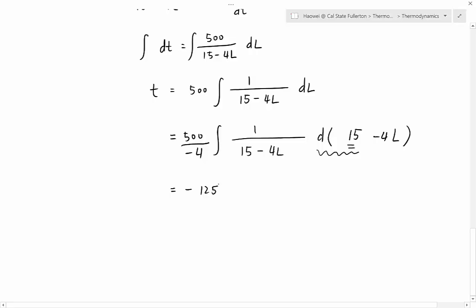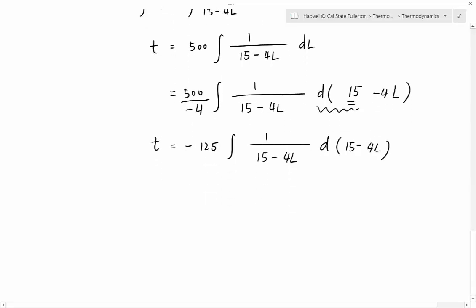Okay, so this equation becomes negative 125 times 1 over 15 minus 4L times differential 15 minus 4L. Okay, left hand side is still T. And then what is the reference we use from your calculus textbook? Integral 1 over x times dx is equal to natural log x.